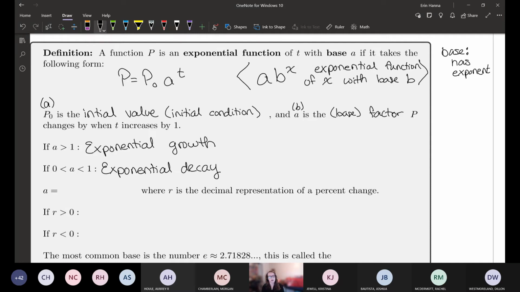Now notice that this does not account for negative A values. If you were to have something like this, technically the negative is not thought of as being attached to the A. You would never have an actual negative A value in an exponential function.